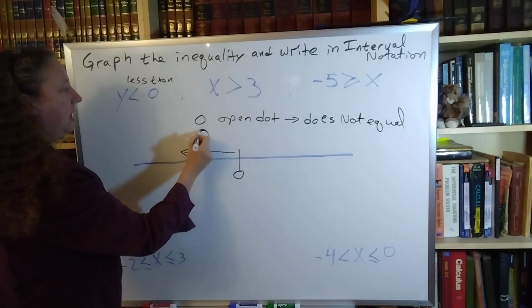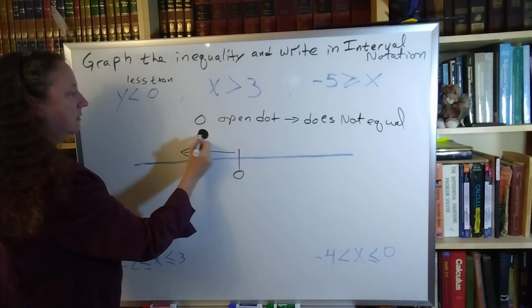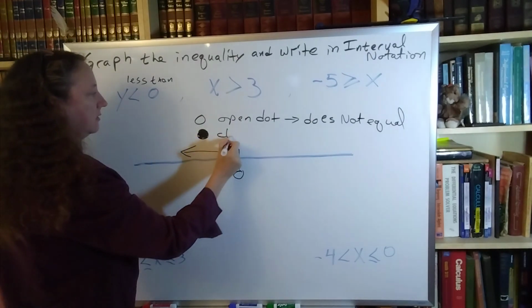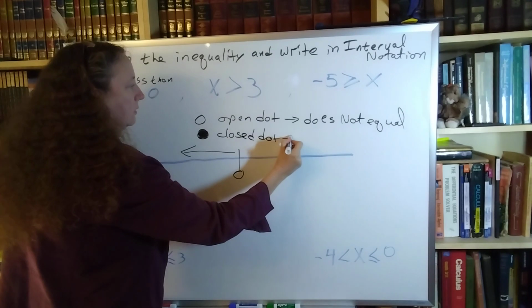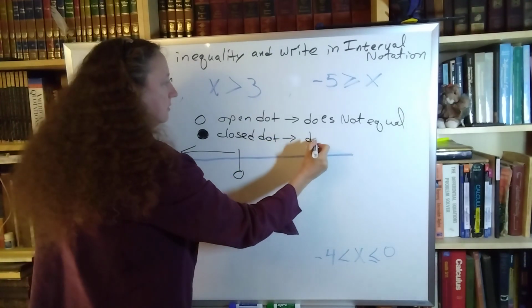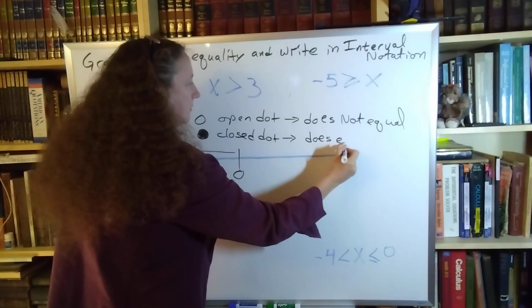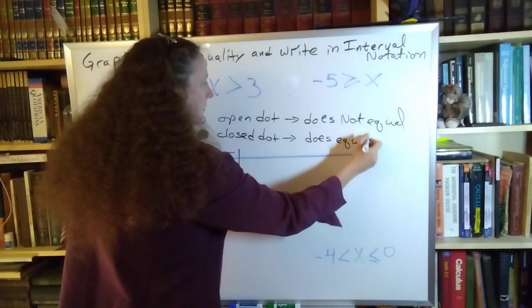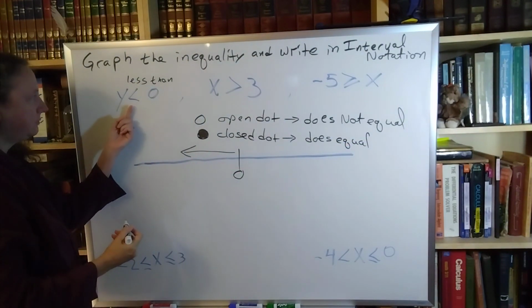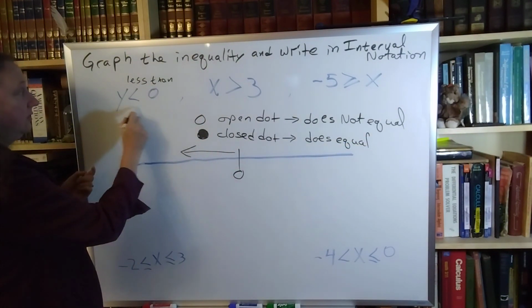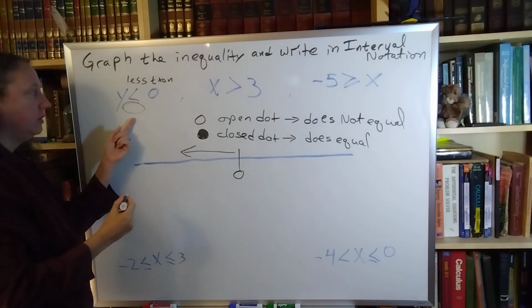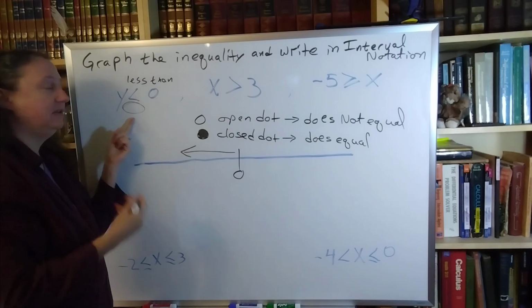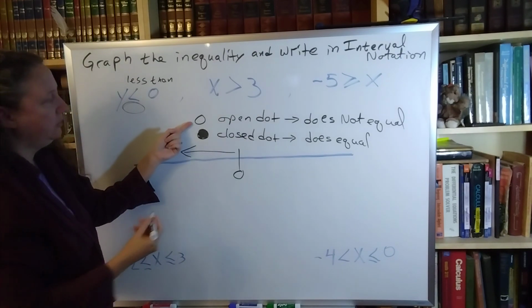Or the closed dot, which tells it it does equal. So I'm looking at this, and I'm seeing there is no bar under there to tell me that it does equal. So I want to use the open dot.